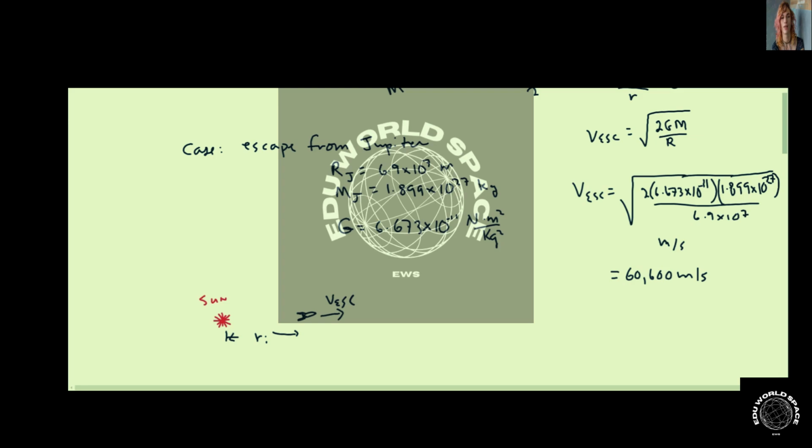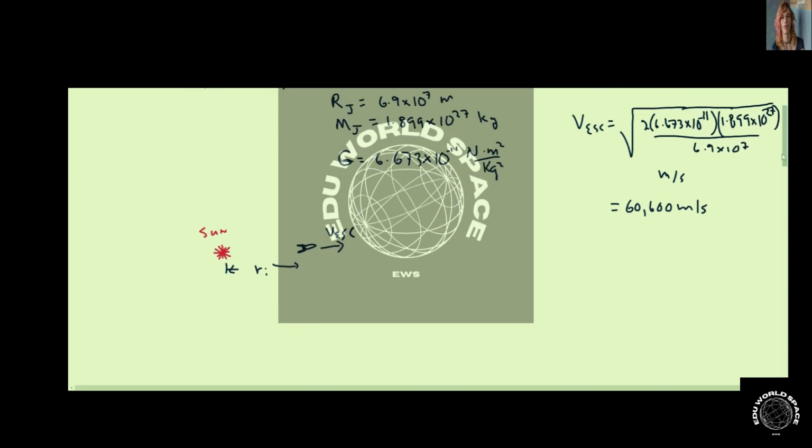So let's figure out how much it would take to escape the sun if your spacecraft was at an initial distance of 1 astronomical unit. And yes, again, we can look that number up to whatever number of sig figs we care to put in.